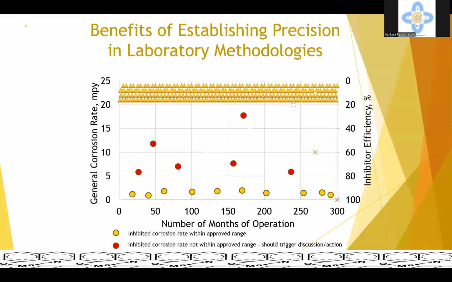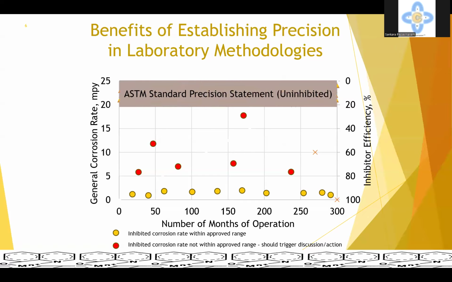The first step is to understand what is the variation when we repeat a test under uninhibited condition. It is not one value. Unfortunately, that is how Mother Nature has created it. It is a range of values. That range is known as precision.